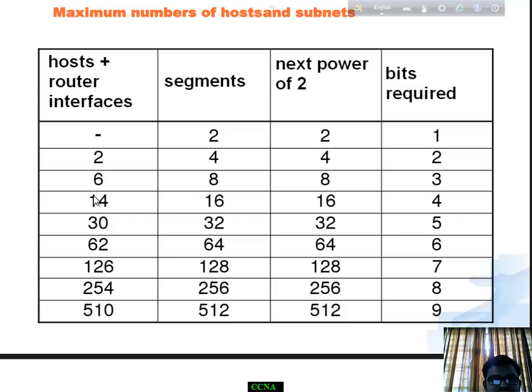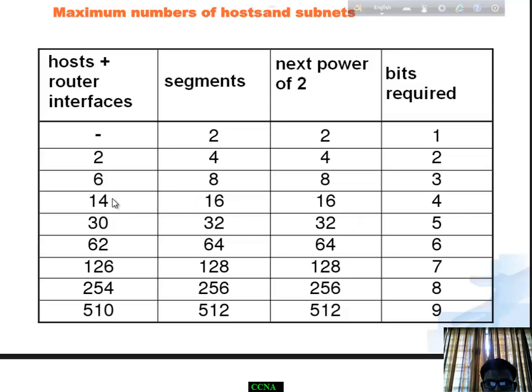When we connect 14 hosts, then we need 16 segments, next power 16 and bits equal 4. Okay, 2 to the power 4 means 16.